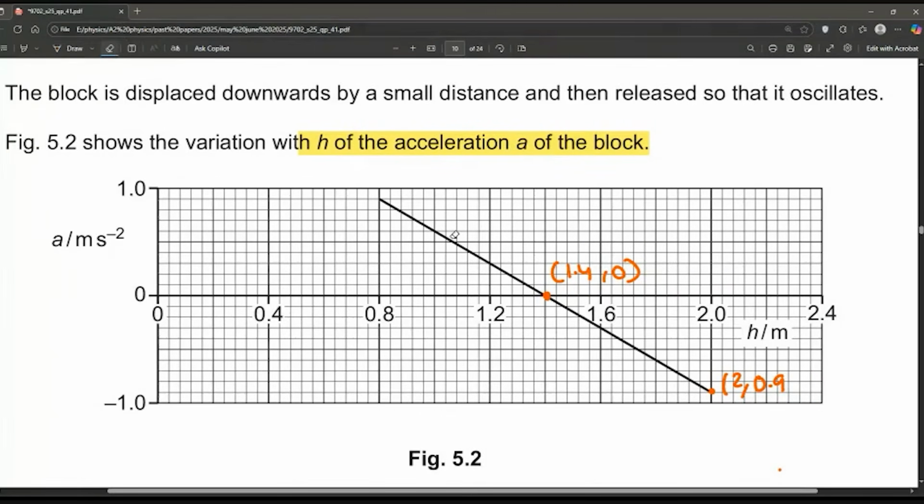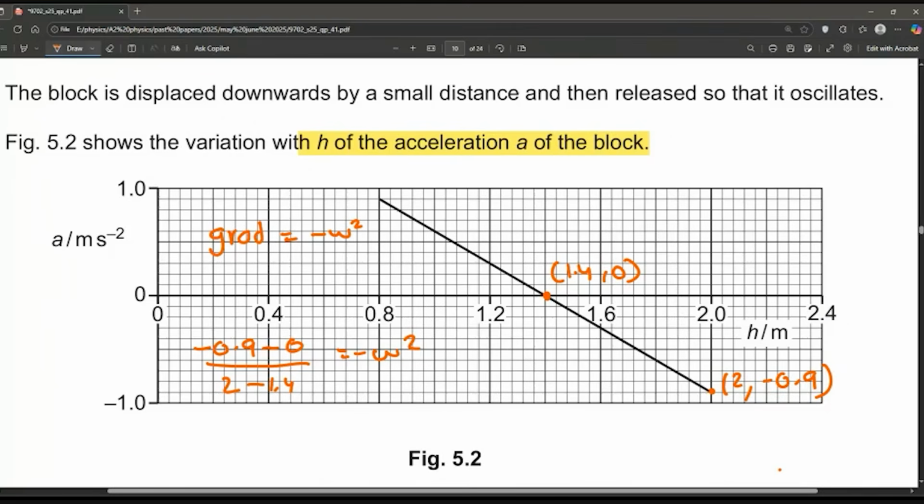Let's calculate the gradient of this graph. What will the gradient of this graph be equal to? Negative w square. Negative 0.9 minus 0 divided by 2 minus 1.4, that is equal to negative w square.